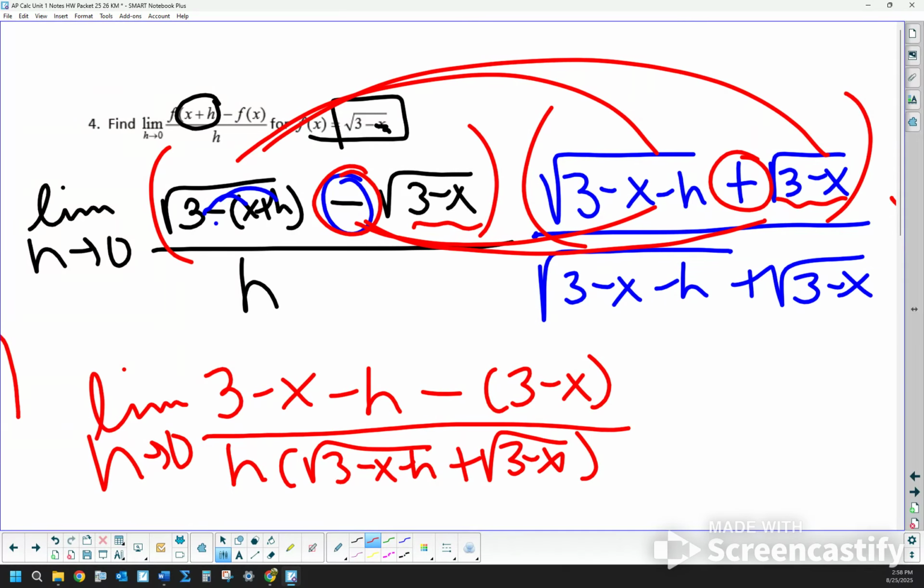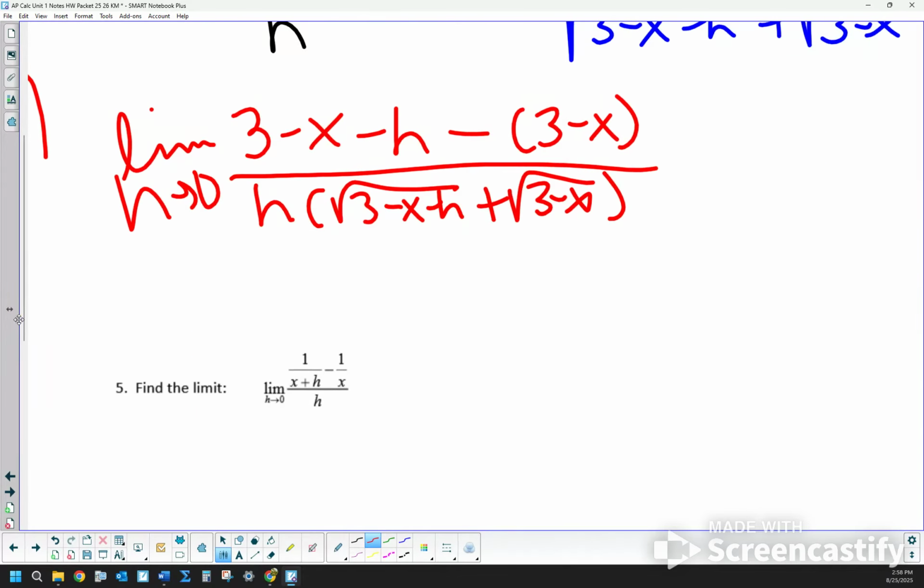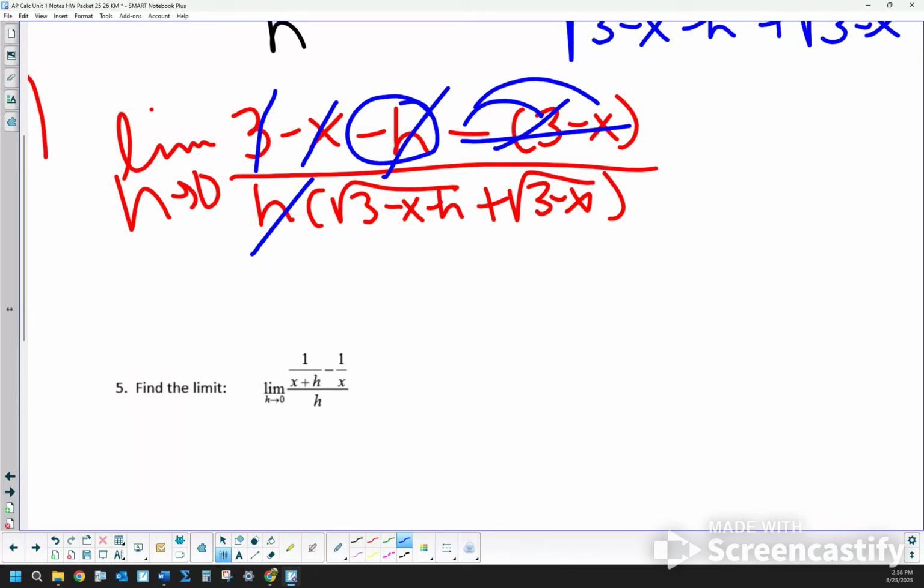Okay, there we go. So we're going to go ahead and distribute the negative there, and you should see 3 minus 3, negative x plus x, and then you have a negative h, which you can cancel here, and you still have a negative 1 left here.